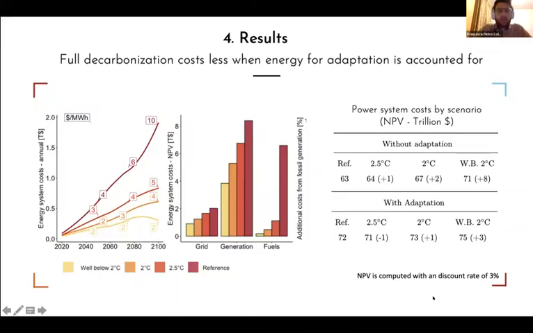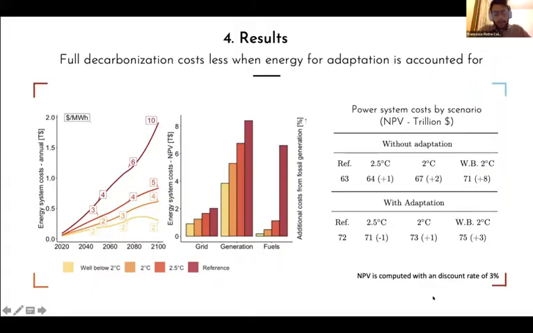And in terms of the unitary cost per megawatt hour of global energy demand, we see that this adaptation feedback would require up to $10 per megawatt hour on top of the additional costs at the end of the century in the reference and the scenarios. Then generation costs are the ones that are most relevant, especially in the mitigation scenarios, because of course substantial investments are needed, as we've seen in the previous slide.